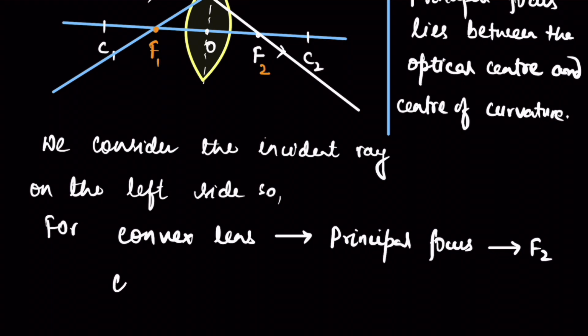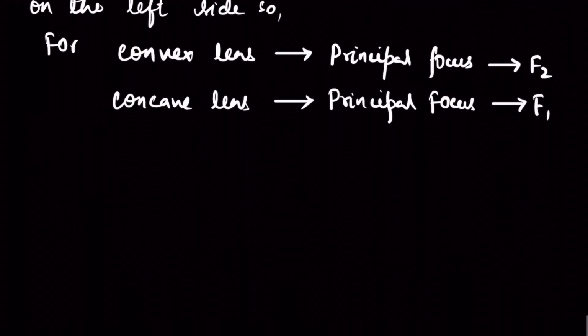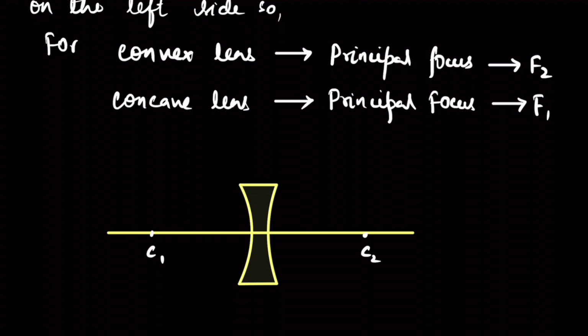But for concave lens, the principal focus is f1. So here if we take a concave lens, here is the C1, this is C2. As I told you, we are considering the incident ray on the left side.